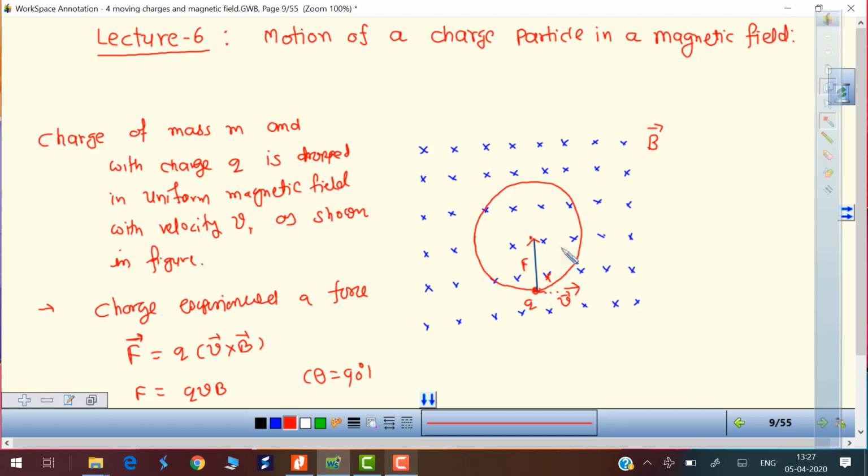If your charge is here, then velocity is in this direction, so again you plot the normal, it will pass through this. If the charge is here, again velocity in this direction, the normal is passing through this. So this is the common point at which force is directed. So this is nothing but circular motion.